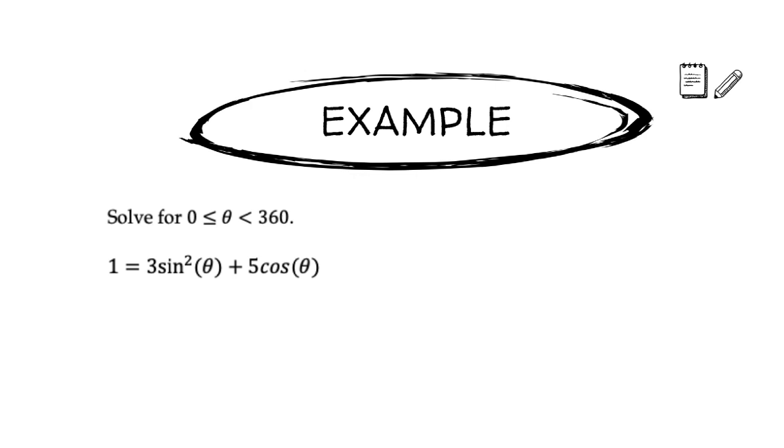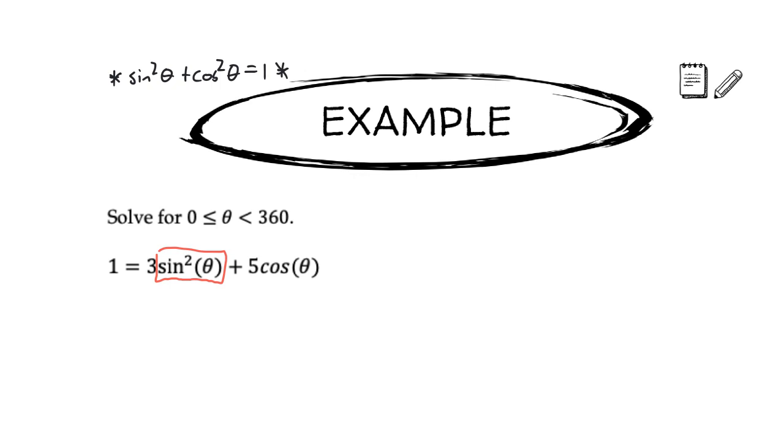What I can do is recognize that this equation involves both sine and cosine. And here we have a sine squared. You might remember from our study of the unit circle that sine squared plus cosine squared equals 1 for every value of theta that you can imagine.